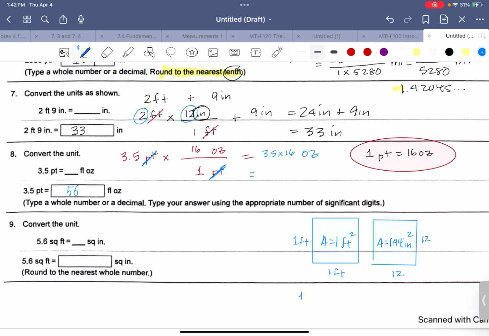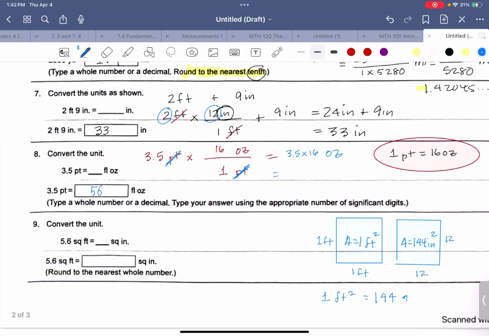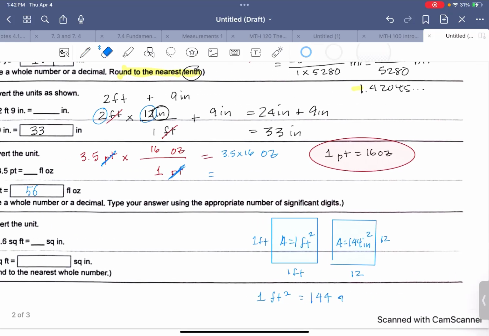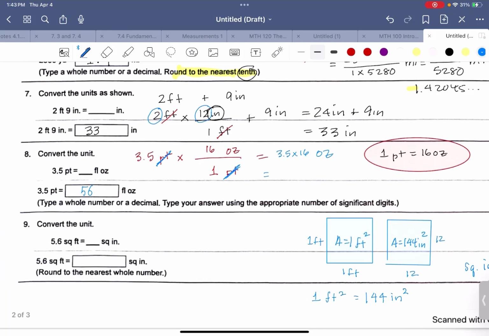We know that 1 square foot equals 144 square inches. So inches to the second power. You can write that also SQIN, but we'll go ahead and write IN to the second power. Square inches is the other thing, okay? This is just a shorter way to write it, inch squared.